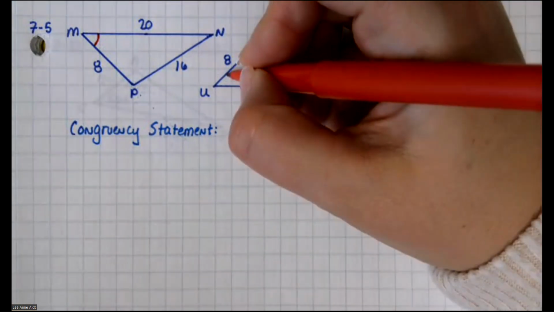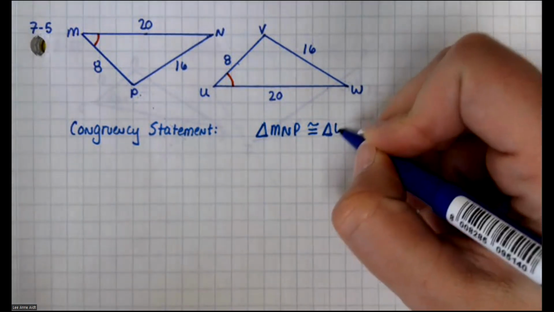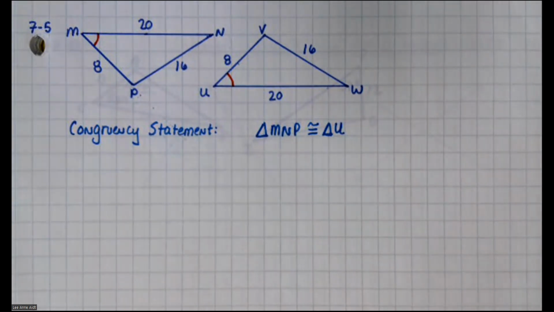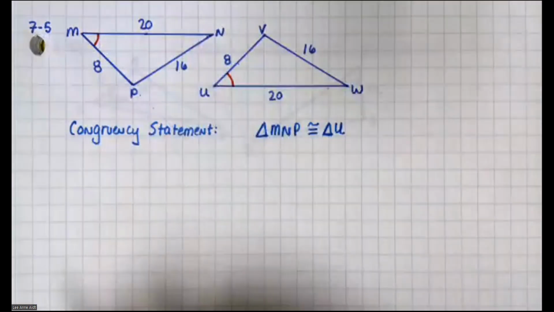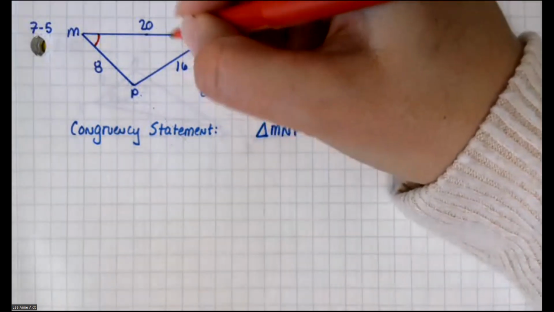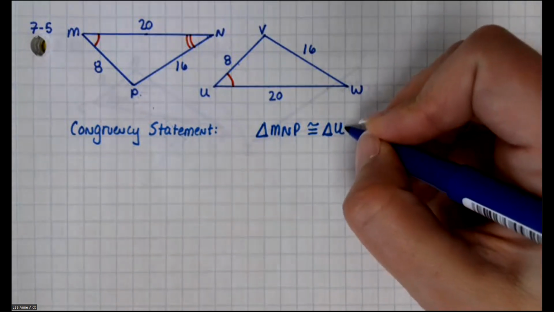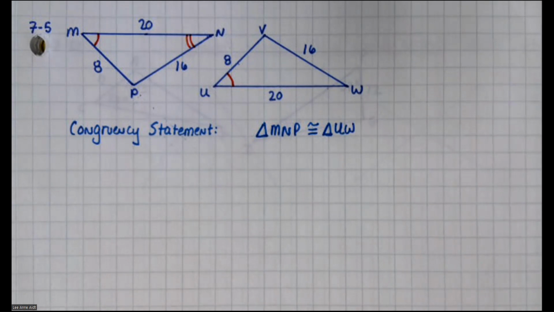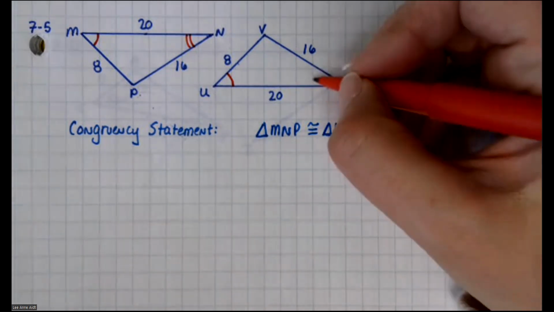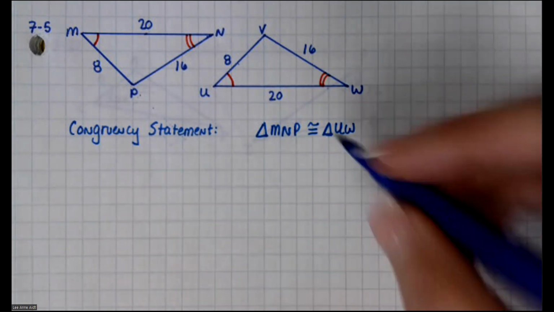So I have to start on this side with the one that is between the 8 and the 20, which is U. Then I went to N, which is between the 20 and the 16. Which one is that on this triangle? W. And then V is last.